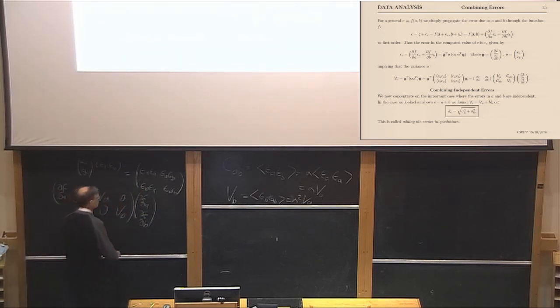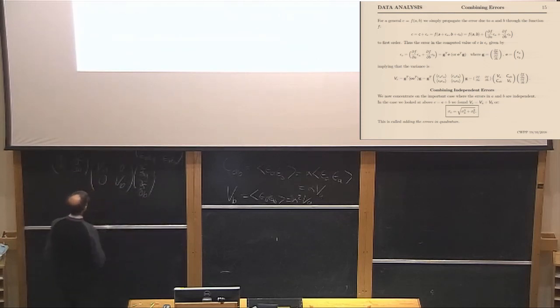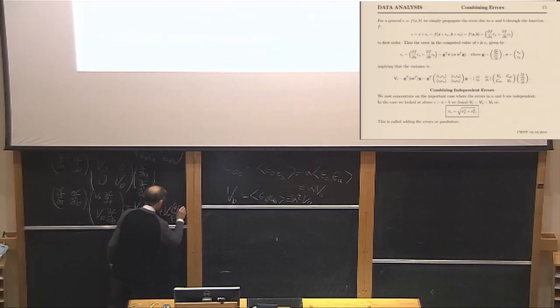so the next line in the sum will be df dA, df dB in brackets, and then we'll get VA df dA, VB df dB, and finally if we multiply it out we'll get VA df dA squared plus VB df dB squared.